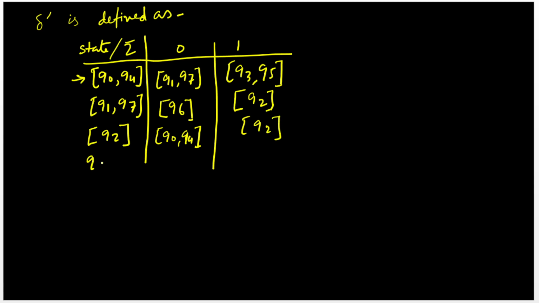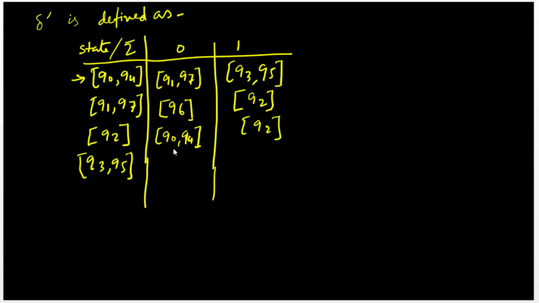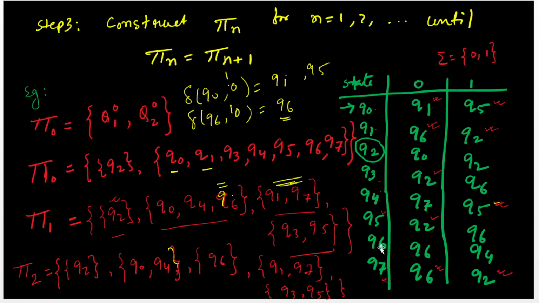Now q3 q5: by taking 0 it will go to q2, and by taking 1 it will go to q6. q6 is a singleton set, no problem. Now the last state, q6: by taking 0 it goes to q6, and by taking 1 it goes to q4, but q4 is not a singleton state, because q0 and q4 are equivalent.